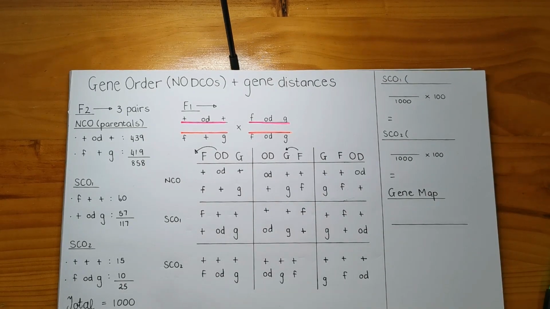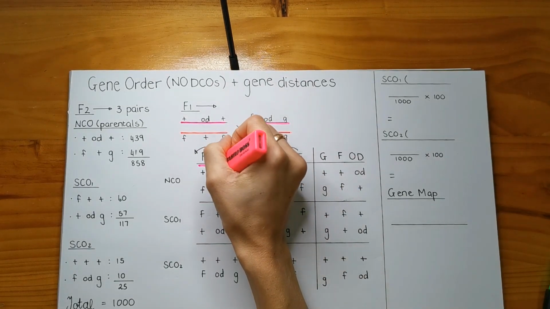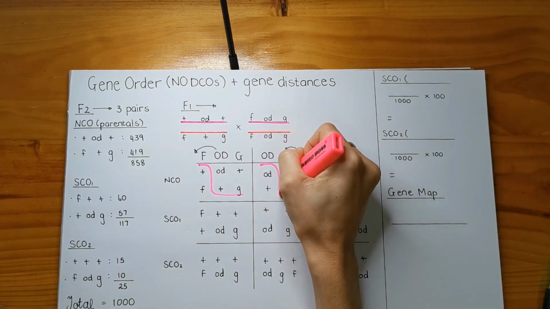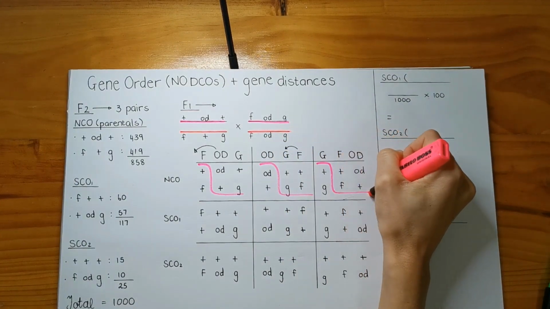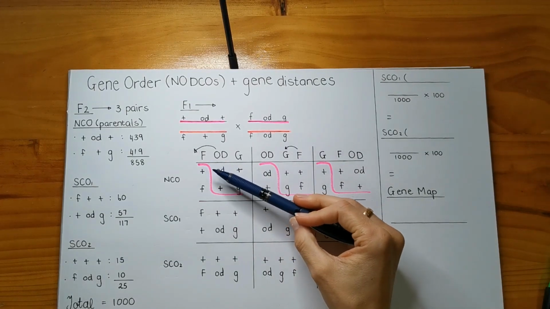Okay, so now the next thing that we're going to do is compare our single crossovers to our no crossovers. So now I'm going to grab my highlighter and draw lots of lines all over my little picture here. So this is supposedly one of your crossovers.